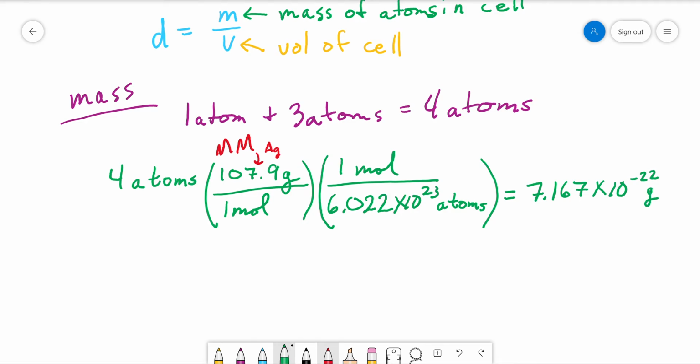Does that make sense? Yeah, that makes sense. This is a really small mass, 10 to the negative 22. But this is just the mass of 4 atoms. And remember, there's 4 atoms in our unit cell. So that's the mass of all the atoms total in our unit cell.